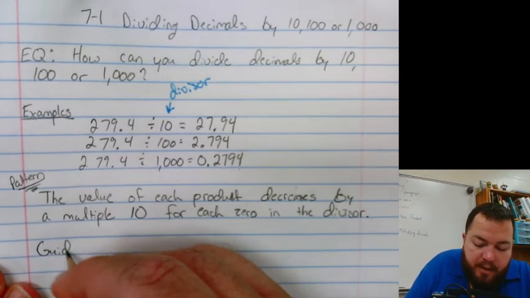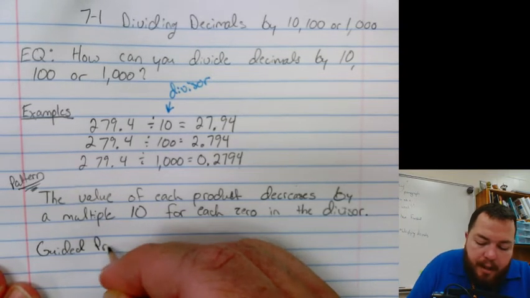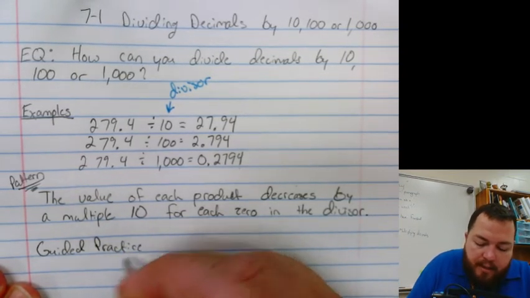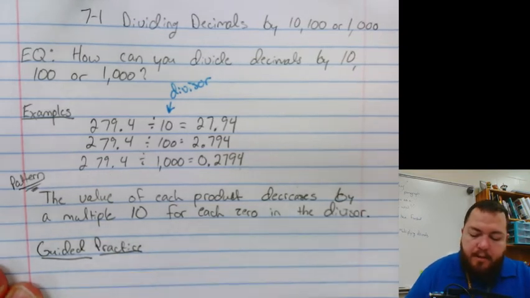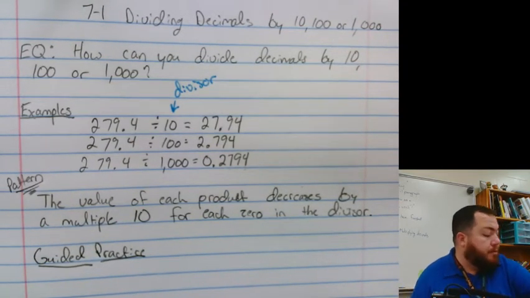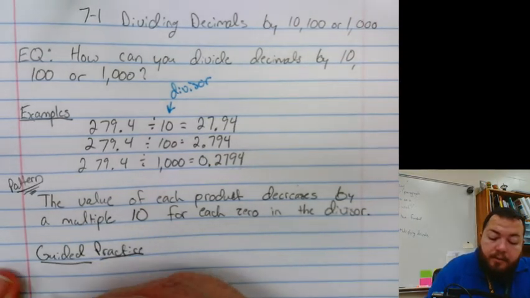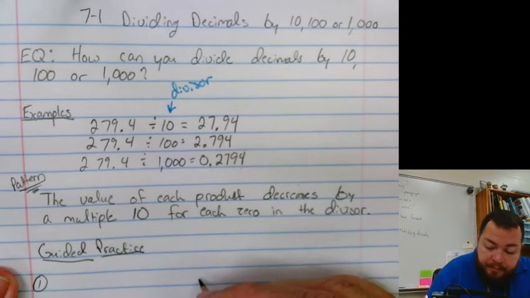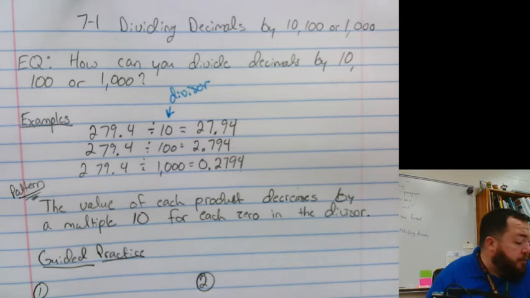Okay, we're going to do 2 examples on guided practice, and then you guys can catch up and finish your guided practice, and then have Miss Russell or I check it, okay? So I'm going to do number 1 and number 2.